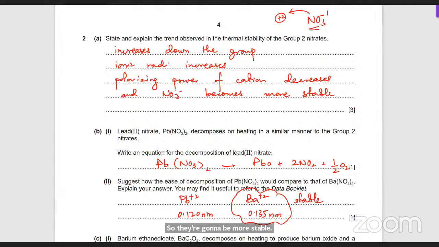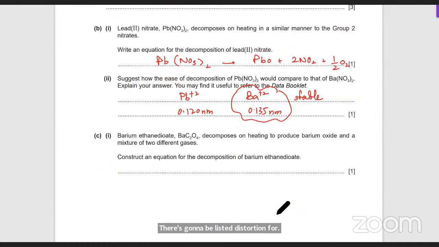There's going to be lesser distortion of the nitrate ions.